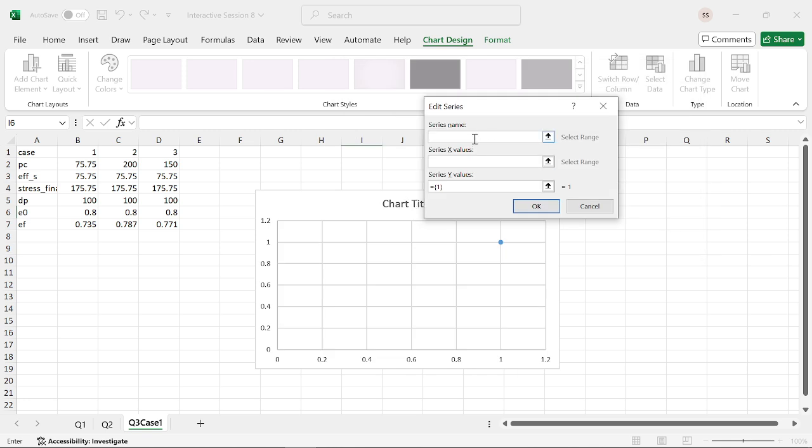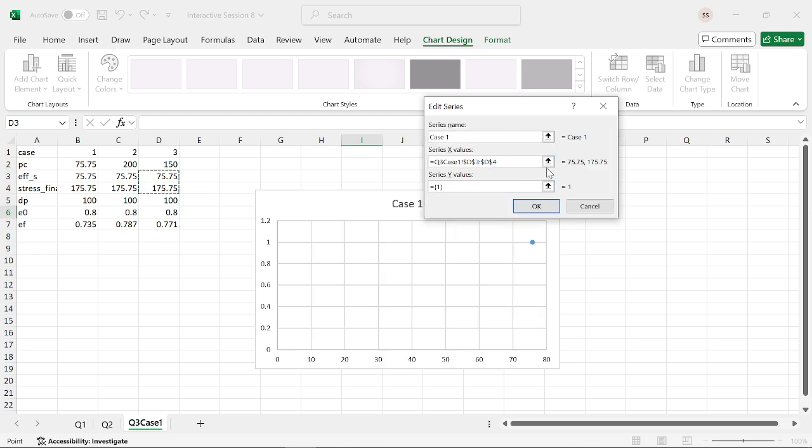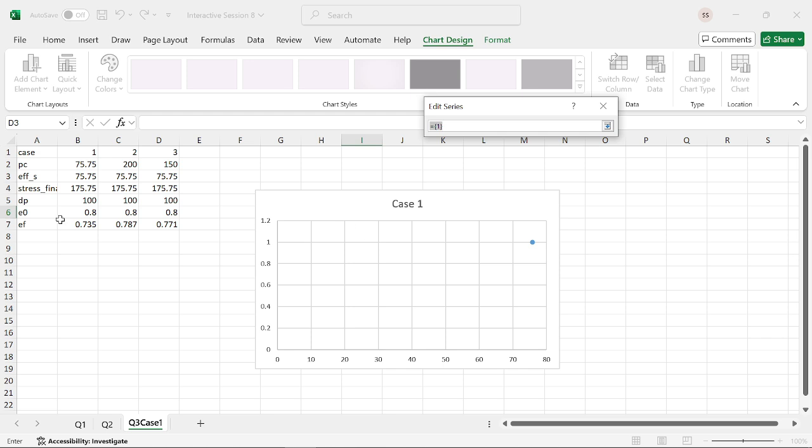So the X will be case 1, X will be this and this, and Y will be E naught and EF.